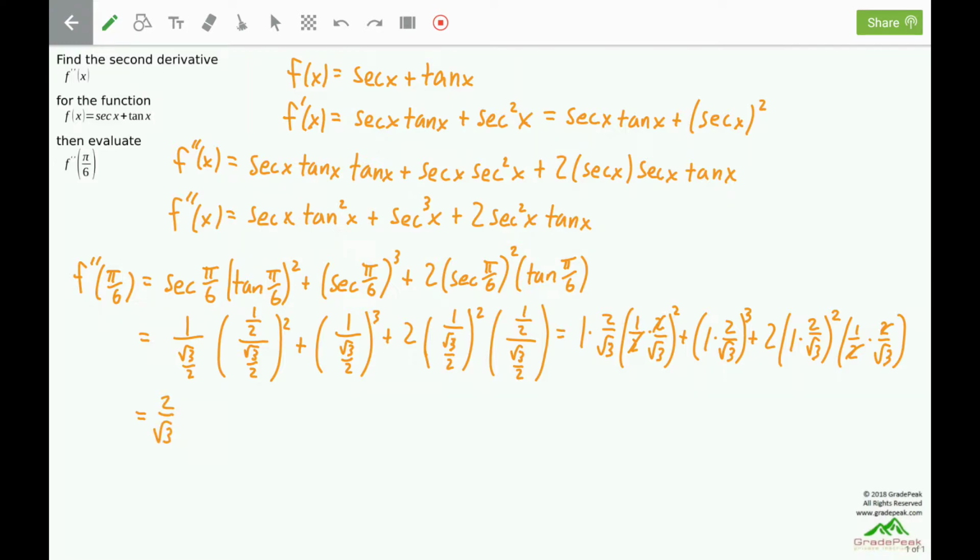And then we have a 1 over root 3 squared. We have plus a 1 times 2 over root 3, which is just 2 over root 3, and that entire thing's cubed. And then we have 2 times 1 times 2 over root 3, which is just 2 over root 3, and then squared, and then times a 1 over root 3.